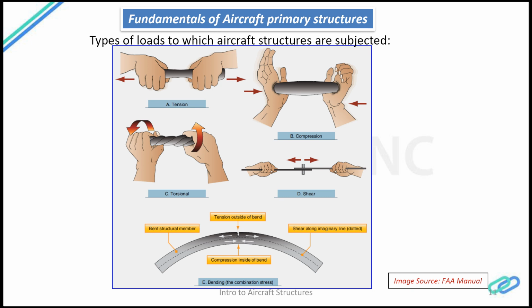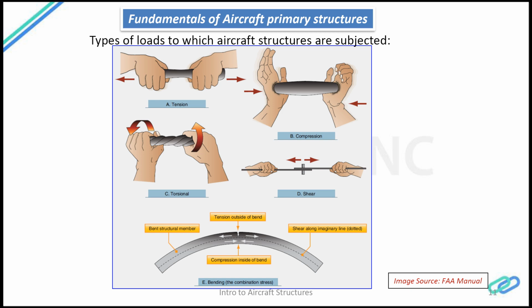Moving to the types of loads that act on the aircraft structures, we have tension, which is the pull effect, and compression, which is pushing, and then torsion, which is twisting, and shear, which is a cutting effect.